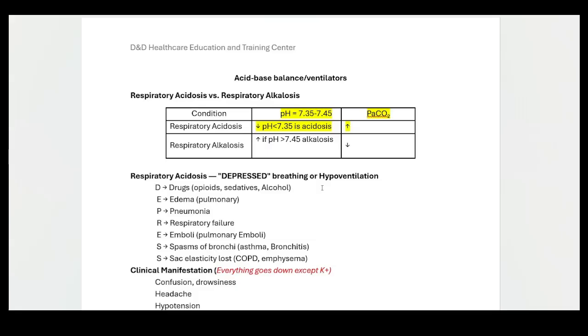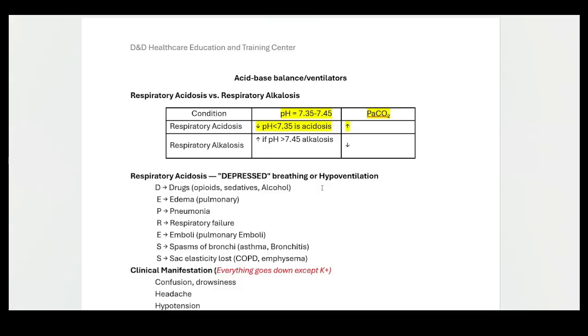The accumulation of this carbon dioxide will result in a condition called respiratory acidosis. When your carbon dioxide levels are building up, they will combine with water to form what we call carbonic acid. Nobody will ask you to define what carbonic acid is, but understanding this will help you know the importance of getting the carbon dioxide out.